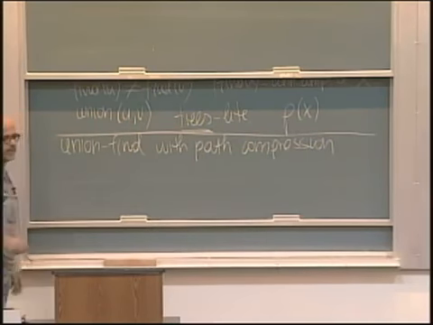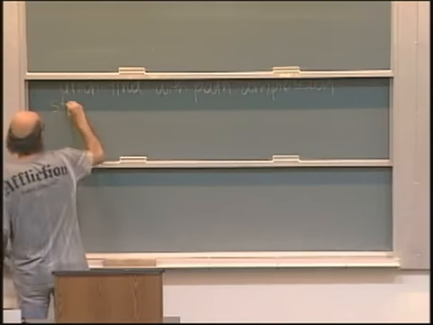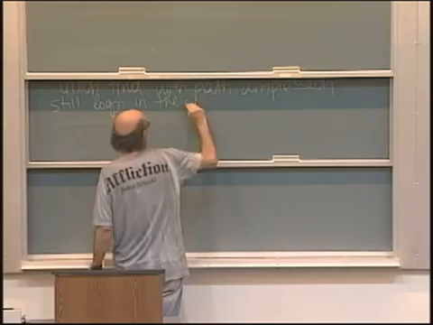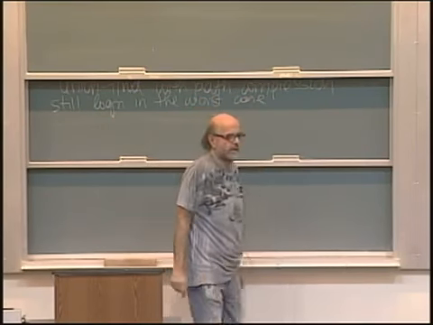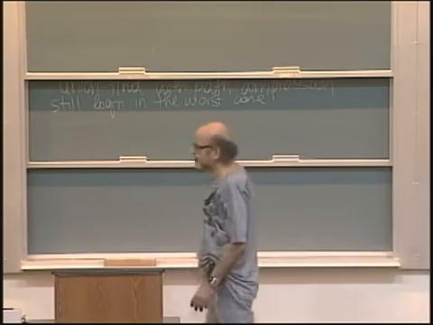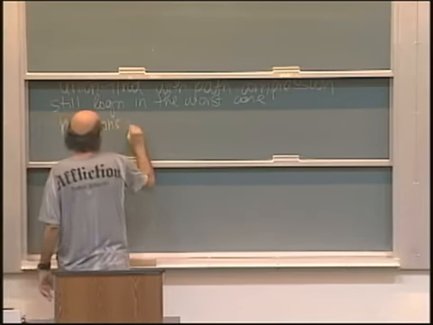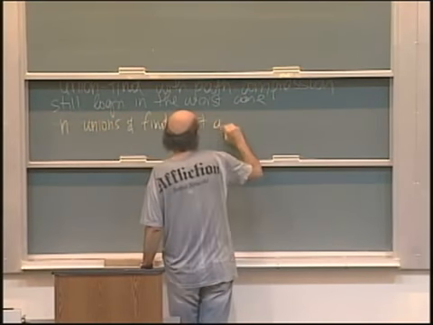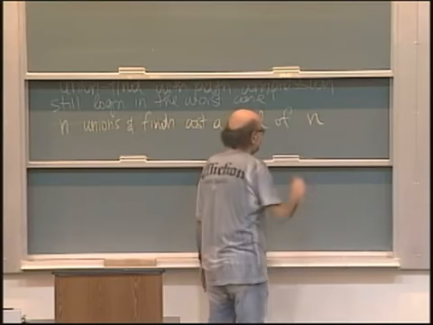So what's so good about it? Okay? Still log n in the worst case. Except that it has the following amazing property. N unions and finds cost a total of order of n.